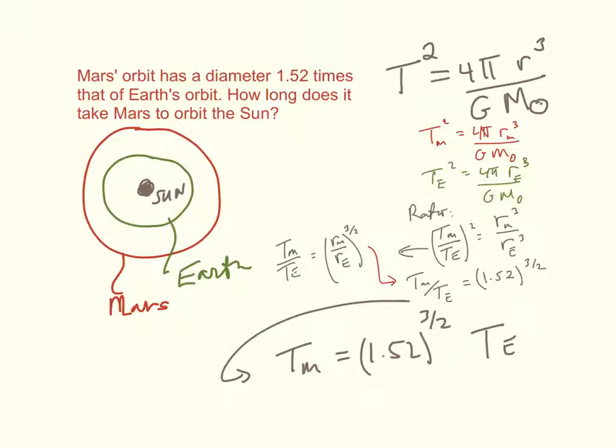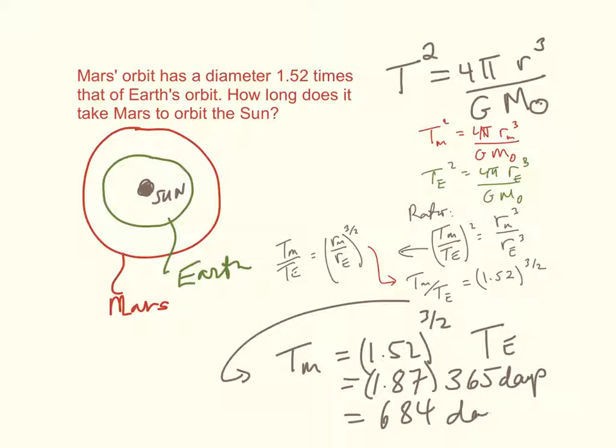And if we write in 365 days, and the value for 1.52 to the 3/2, which is 1.87, we get a grand total of 684 days as the orbital period of Mars.